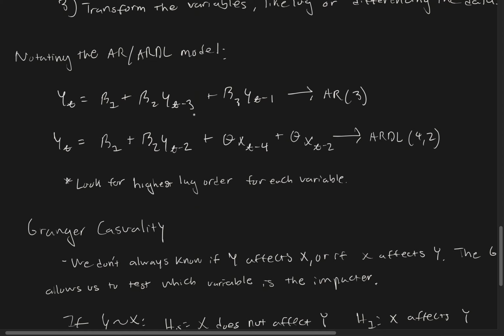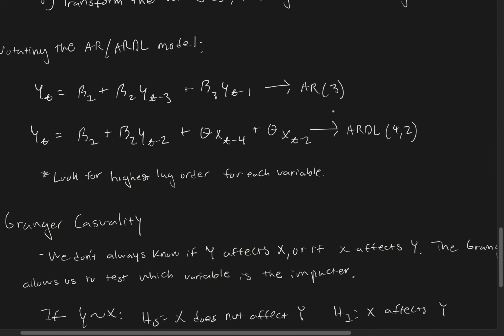This case isn't the most realistic because when we have a lag of 3, we should use a lag of 1 or lag of 2. But nevertheless, when we're notating in a short way, so AR, autoregressive, the reason why I wrote 3 here is because we always look at the maximum, the oldest or the furthest time value first, to determine our notation. So even if the 2 is missing, we'll use a 3.